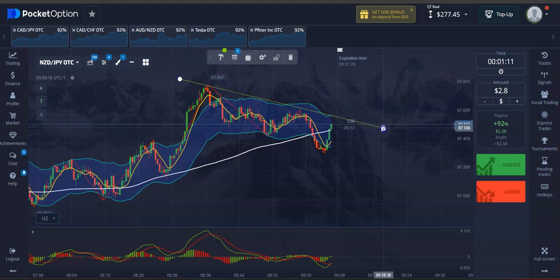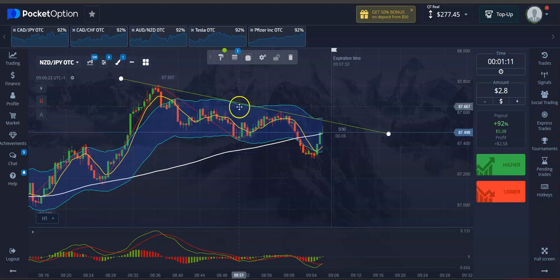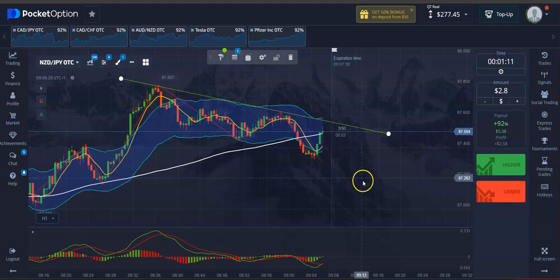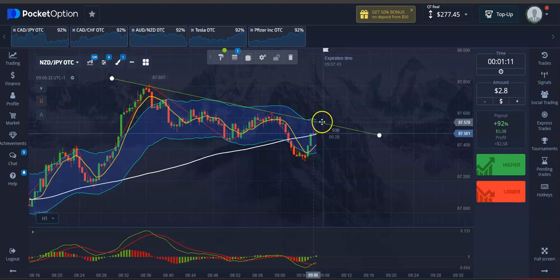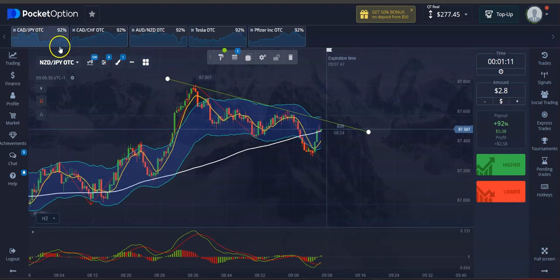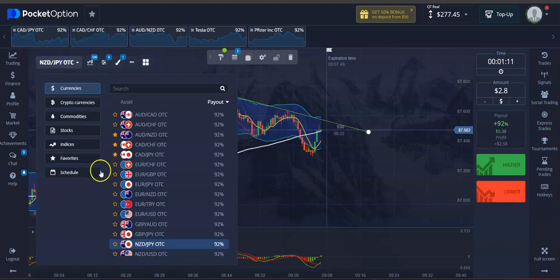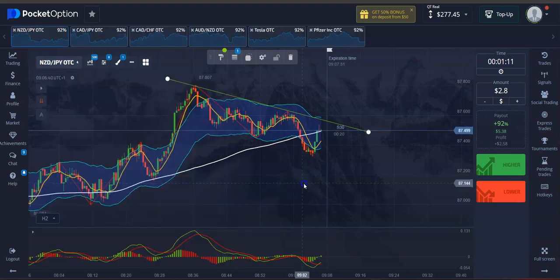So potentially the price will come to this line right here and break below, continue to the downside. Or if it breaks above, we're going to have a continuation to the upside. Okay. So I'm going to save this one as well right there.